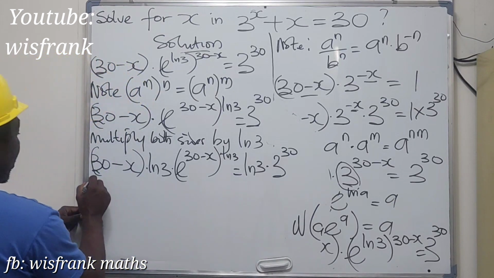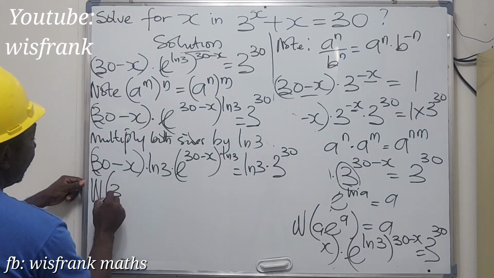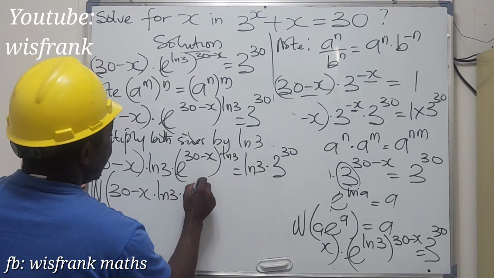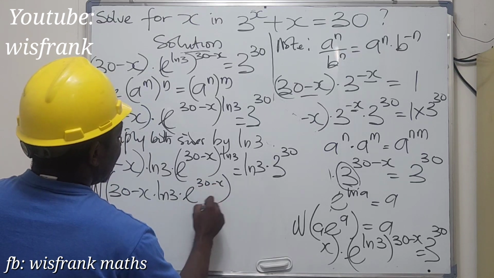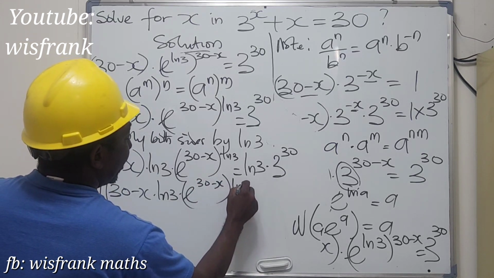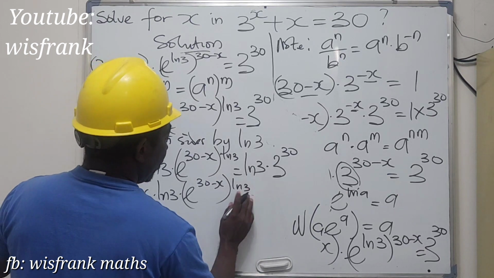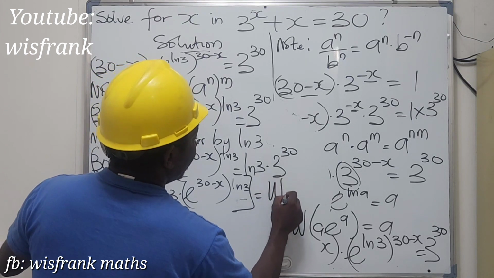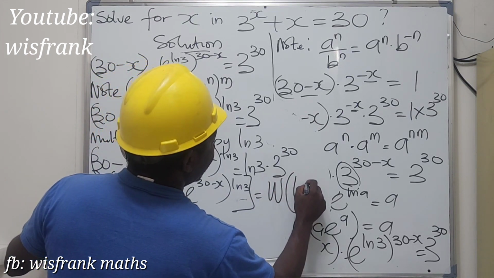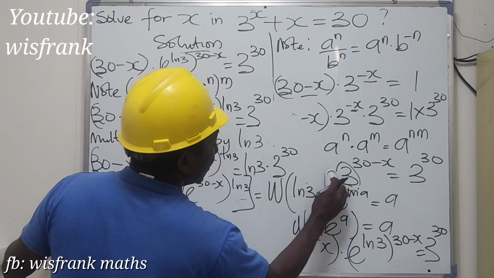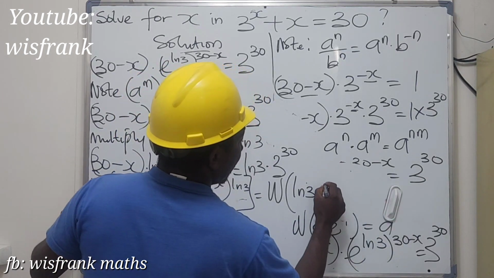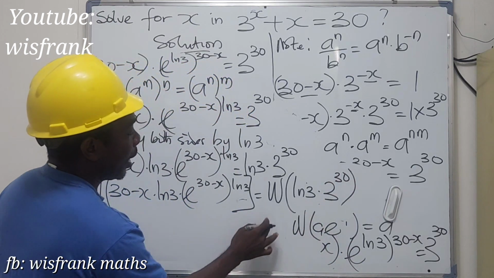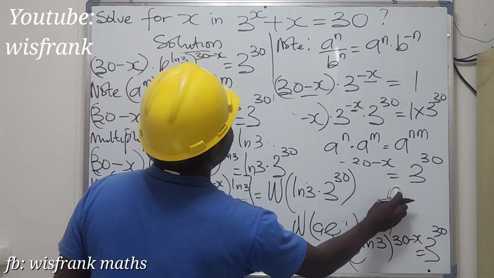So that will become the Lambert W function of (30 minus x times ln of 3 times e to the power of 30 minus x times ln of 3) equals the Lambert W function of ln of 3 times 3 to the power of 30. So that is what we have. Okay, we can transfer this to this other side.